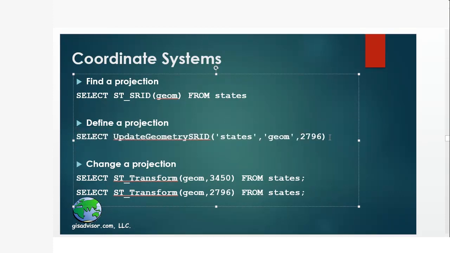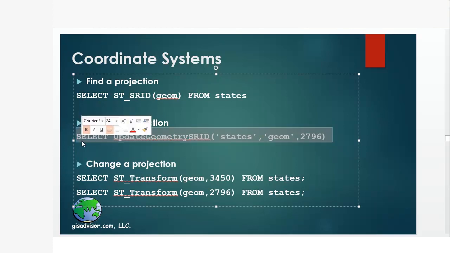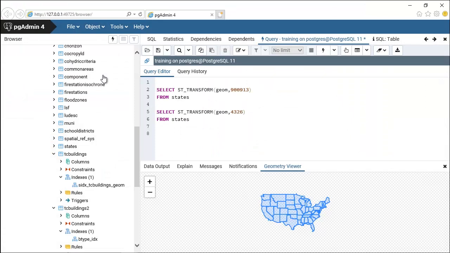Now this is like anything you've dealt with in GIS before too. There's a really good way to screw this up when you don't understand what these are. So let's say select ST_SRID of the geom from the states.